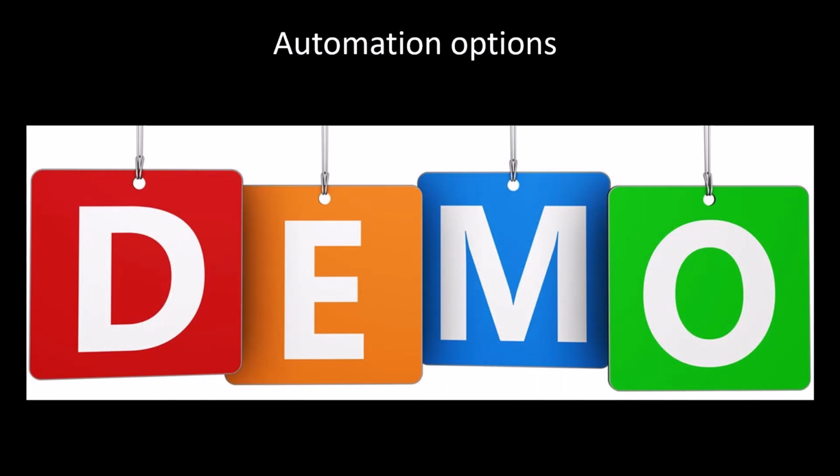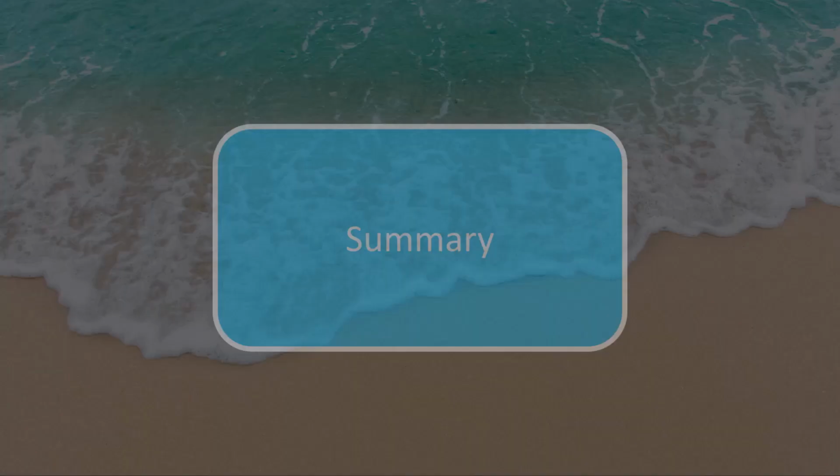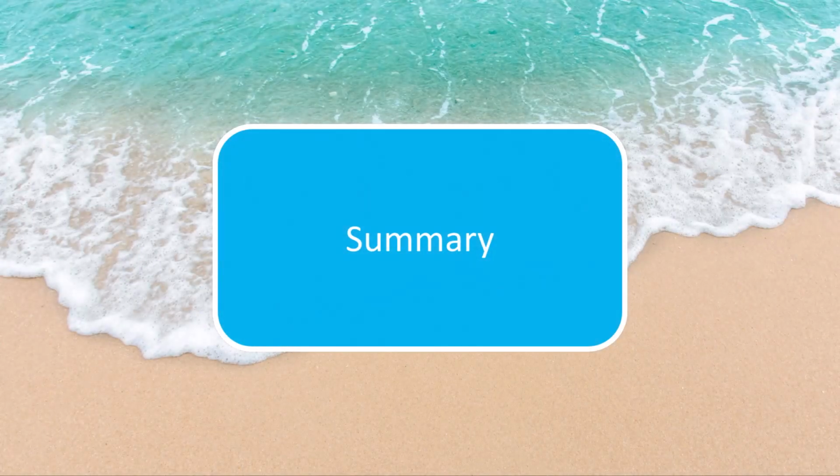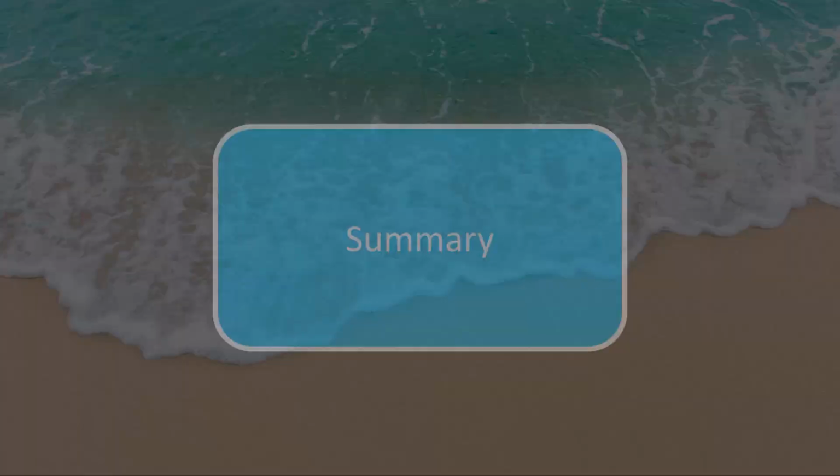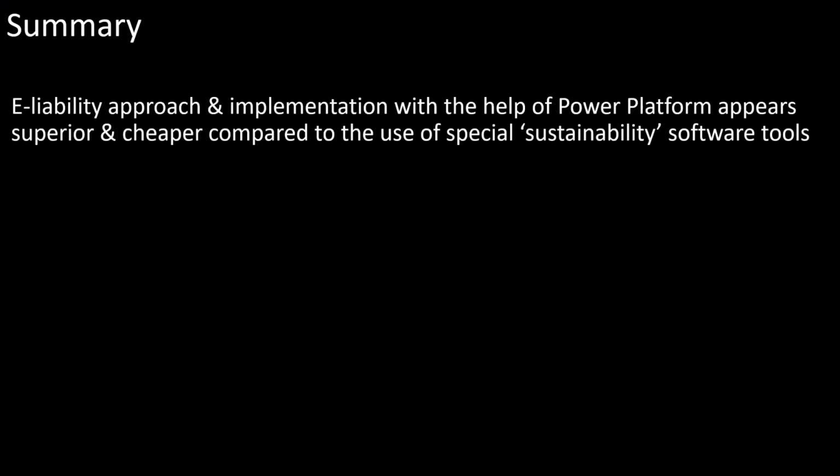Okay, so after this short demo, here are some thoughts on a summary level. So first, the e-liability approach that I showed you in this post and the previous ones seems to be superior and cheaper if I compare it with special sustainability software tools. Why?